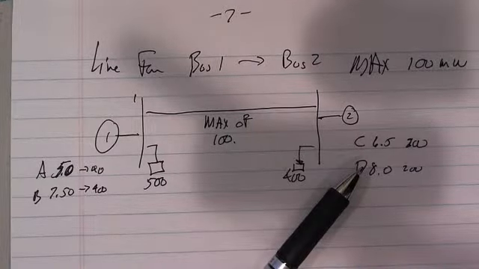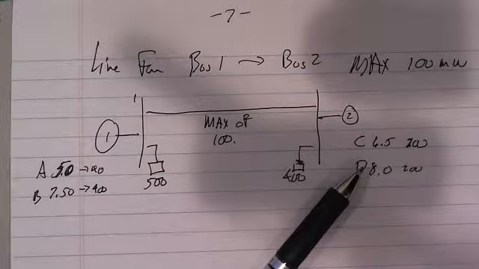Remember my discussion of the fact that if you load the power transmission up beyond what it's designed for, the lines heat up. It's the same principle as an electric toaster or your electric stove at home. You push current through a resistance, and it heats up. Now the stove or the toaster is designed to heat up a certain amount with current from the wall, from the plug. Power system is the same thing.